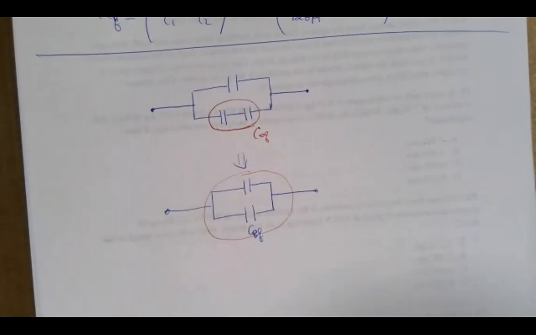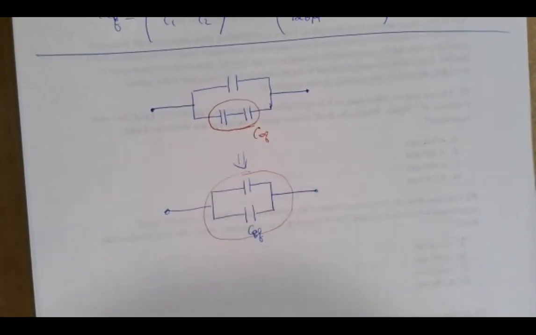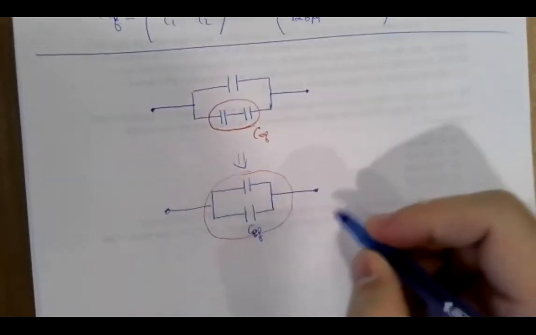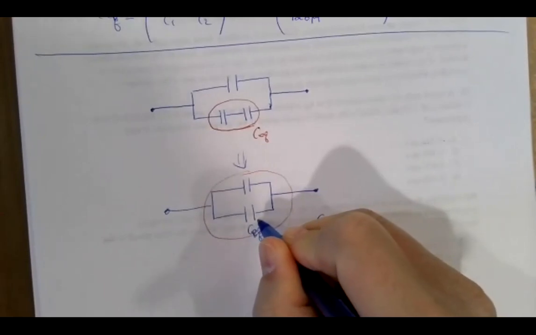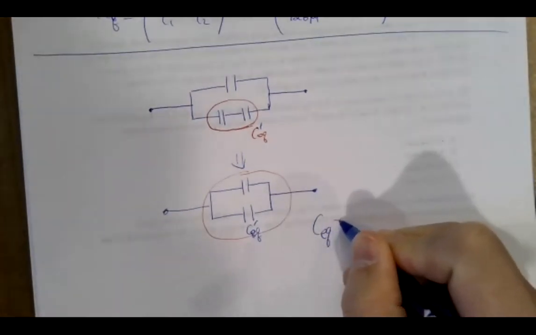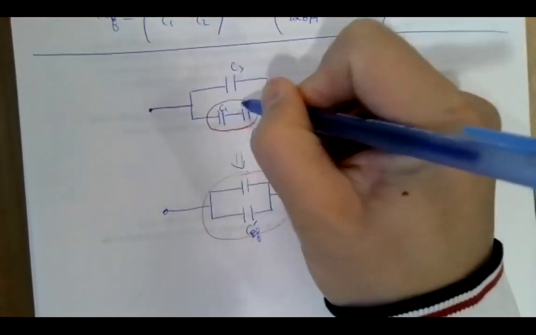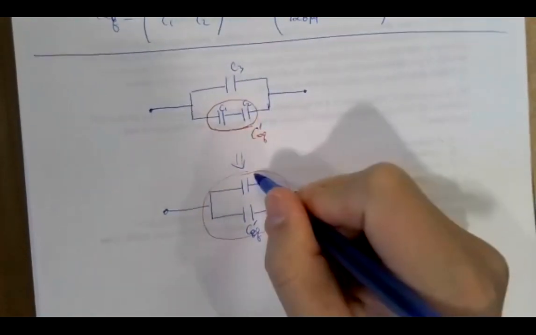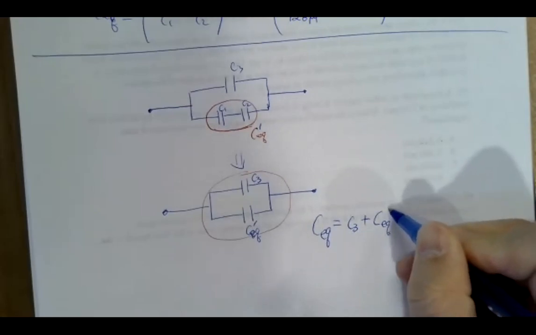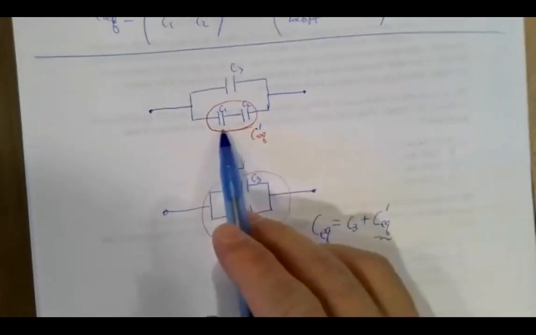So let's take a look here. Let me call this CEQ prime, the intermediate step. Your CEQ total should be equal to, if this is C3, and C1 and C2 are the originals, C3 plus CEQ prime, which means the equivalent capacitor for C1 and C2.